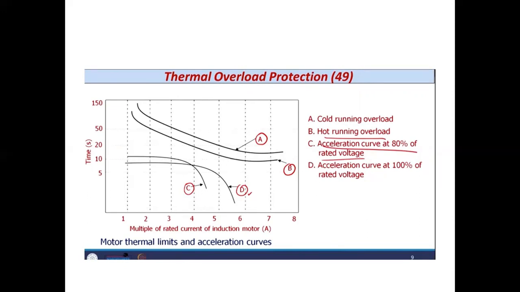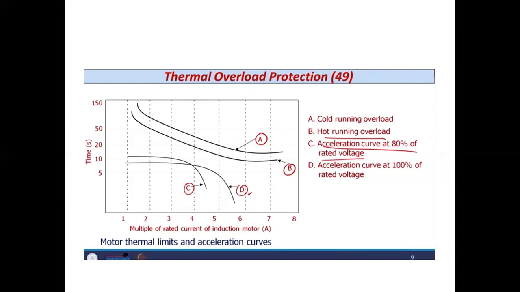So cold running overload, curve A. Just below this curve you have another curve where you run the motor in hot condition, which is also the overload condition. So curve B is the hot running overload curve.